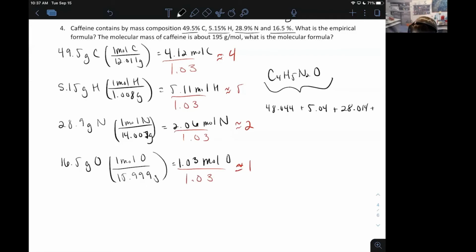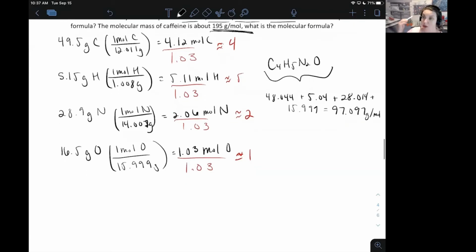And then 15.999 for our oxygen. Add that all together. We get a value of 97.097 grams per mole for this empirical formula, which is not the same as our molecular formula or molar mass.